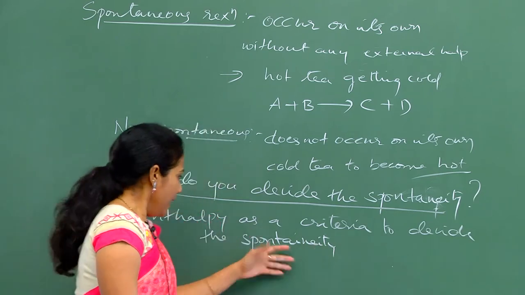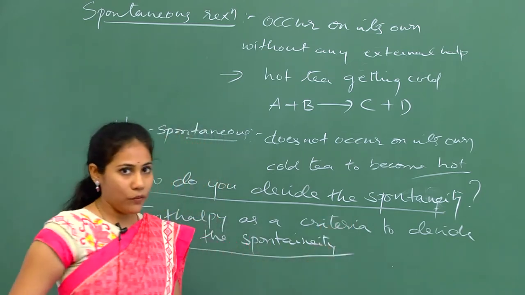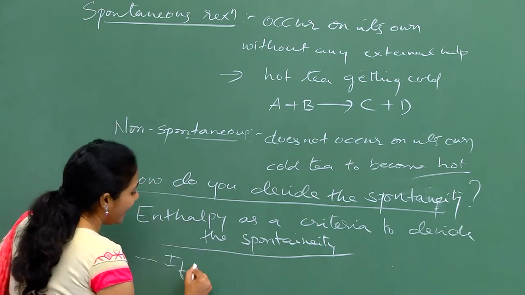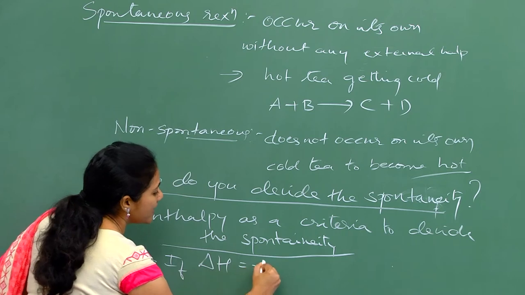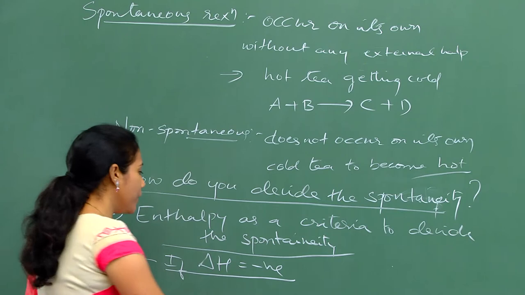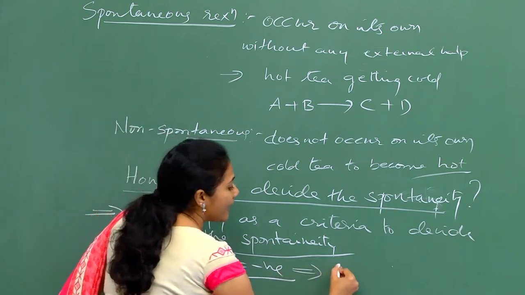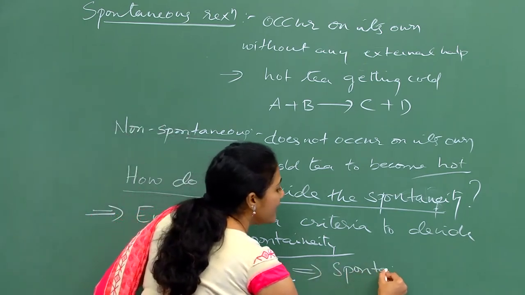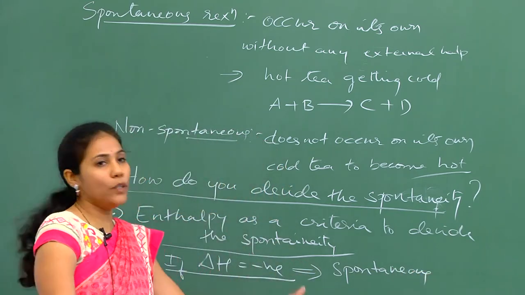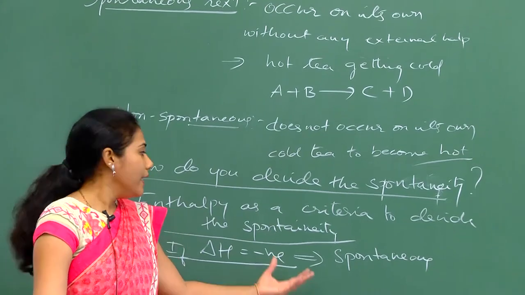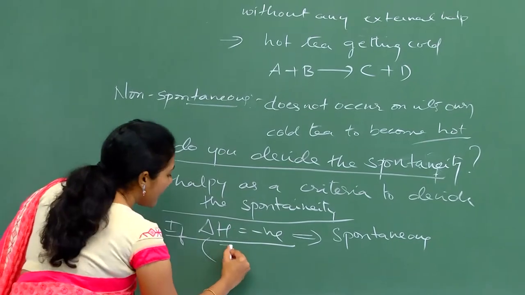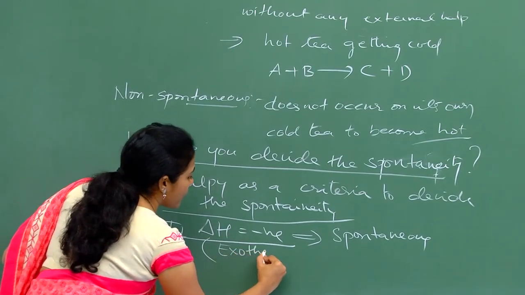What scientists decided was, if the enthalpy of a reaction is negative, then those reactions are spontaneous, they thought. Whichever reaction has a negative delta RH value, what type of reactions are there? Exothermic reactions.